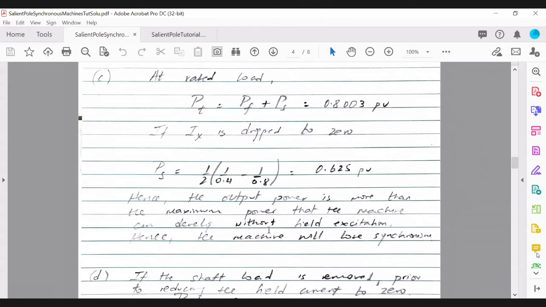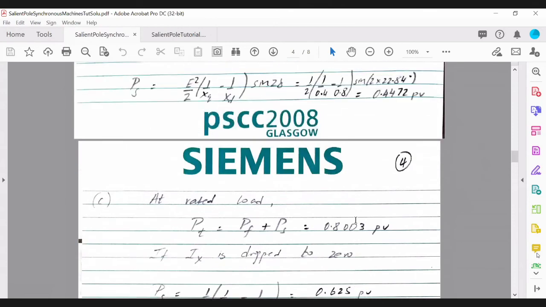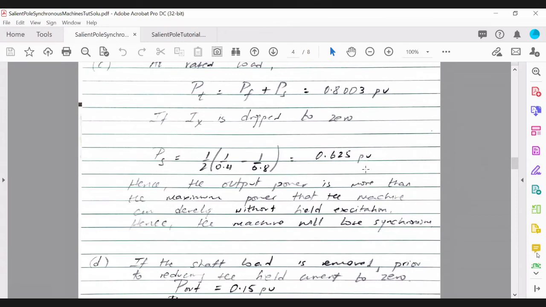So here we've taken the maximum value, which means that 2 times 45 is 90 degrees, right? So you end up with a sine of 90 degrees equal to 1, right? So you're operating at the maximum salient position. And at that position, you can see the salient power is 0.625, okay, which is different from what we worked out before.